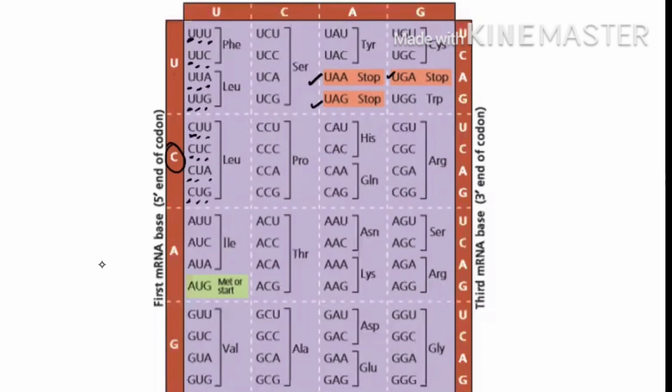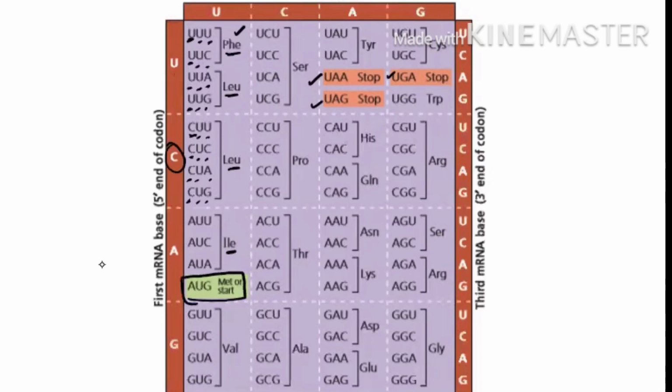Now see what they have deciphered. UUU and UUC code for phenylalanine. UUA and UUG code for leucine. This is also for leucine. This is isoleucine, and AUG is a start codon which codes for methionine.